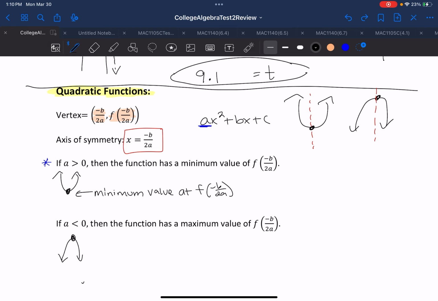And if the parabola is opening up, our function will be increasing from the x value of the vertex, so negative b over 2a, to positive infinity. And it'll be decreasing from negative infinity to negative b over 2a. That's always true.